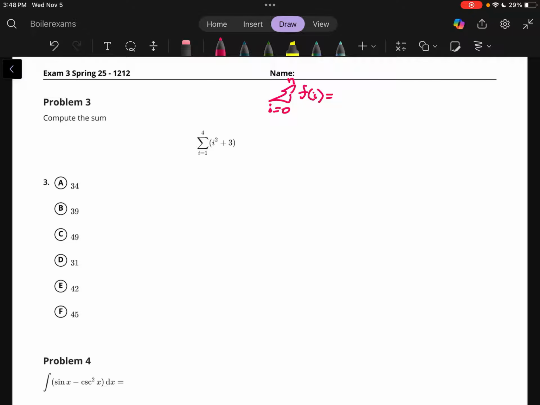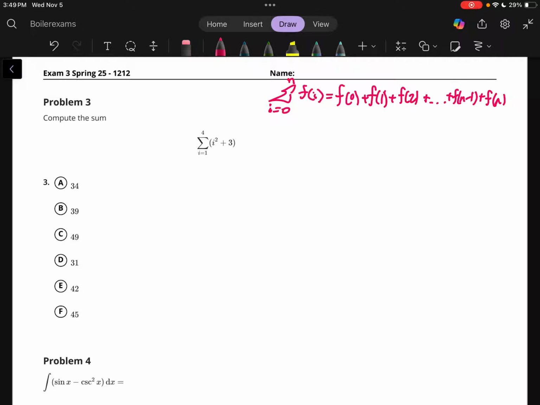So this is basically saying that I want to find the sum of f of 0 plus f of 1 plus f of 2, and so on, until f of n. Okay? So same deal here.